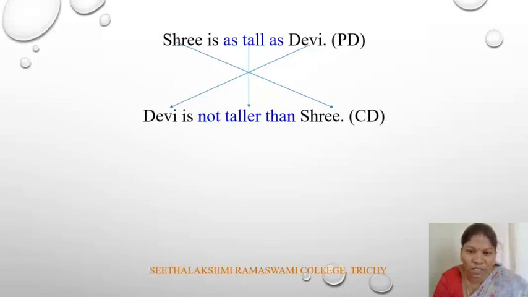So Devi becomes the subject of comparative degree. So here we have Devi, then is added here. Then the first sentence is an affirmative sentence, so we have to add not. Then the comparative form of tall is taller, then we have to add than, then we have here Shri. So Devi is not taller than Shri.